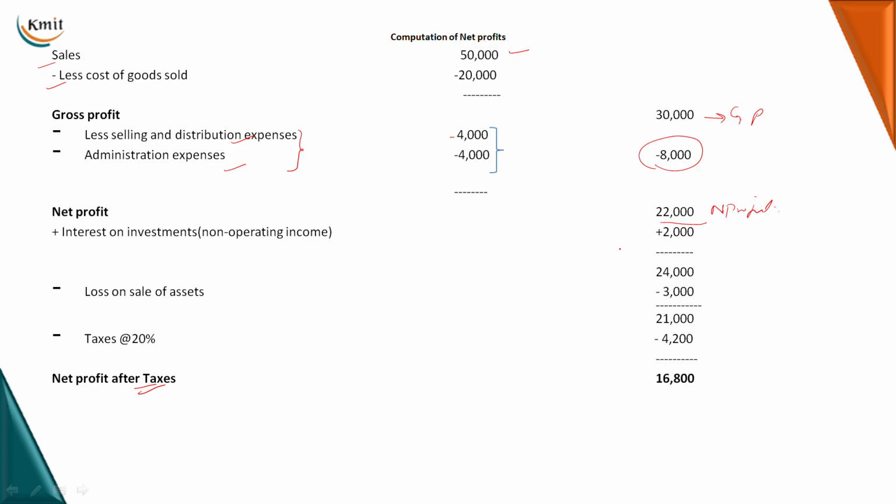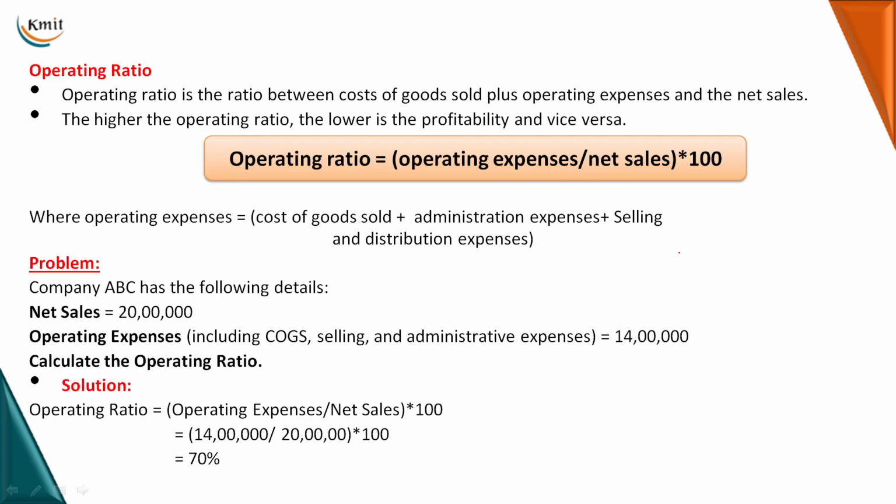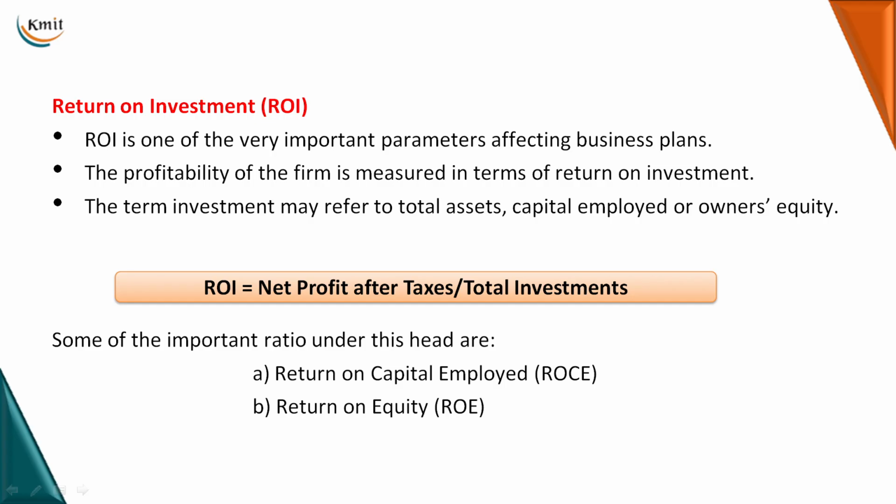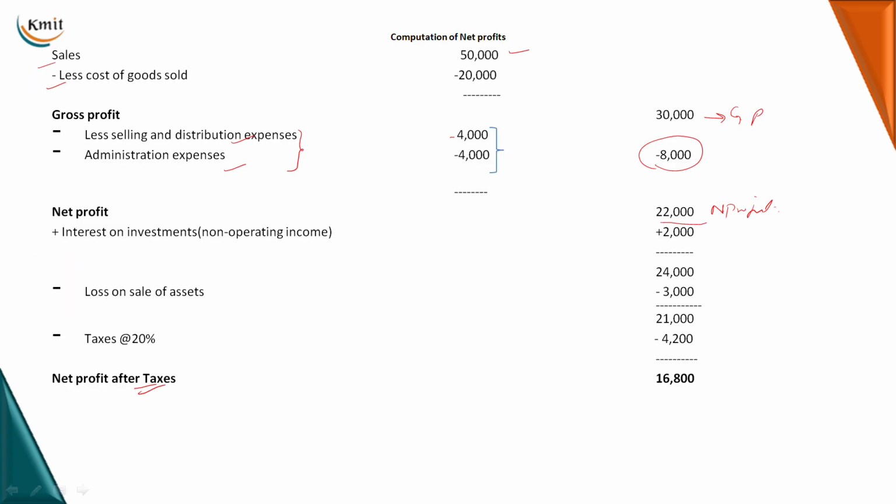So against this, we are going to add non-operating incomes. Here interest on investment falls under that category. Once this figure is added, your resulting value is 24,000, from which loss on sale of assets is to be deducted.